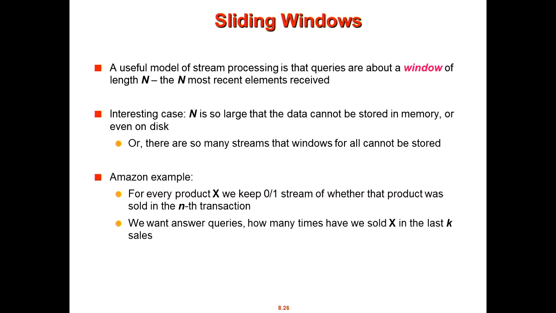The problem is like this. So first let's look at what a sliding window is. What does a sliding window mean? A useful model of stream processing is that it cares about a window of length n, the n most recent elements received.